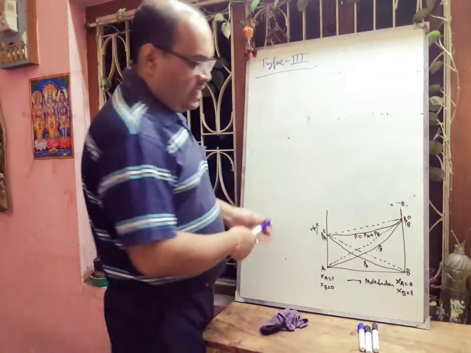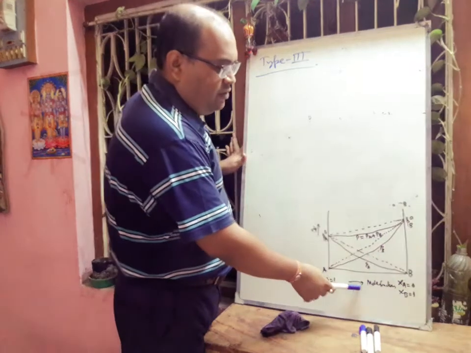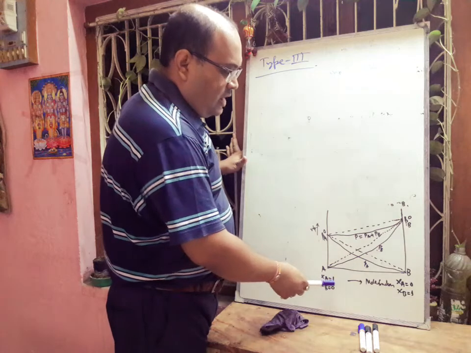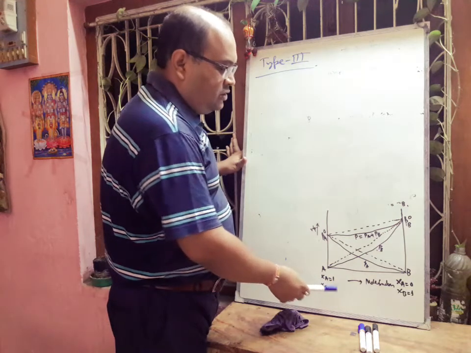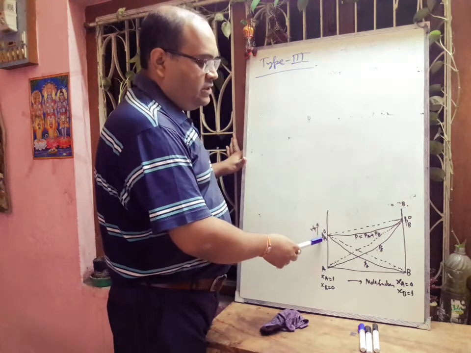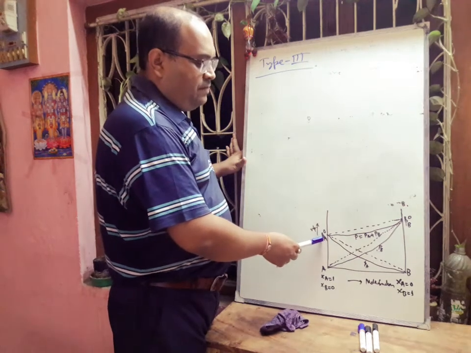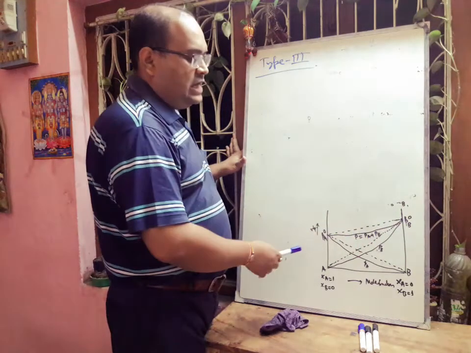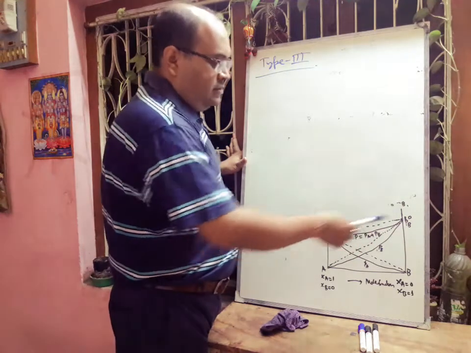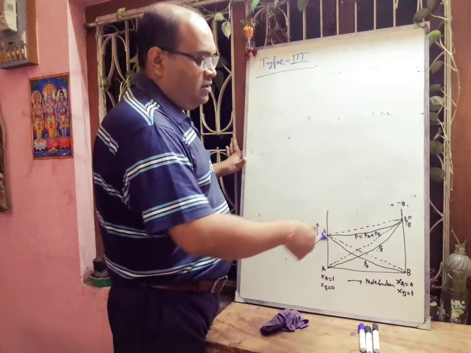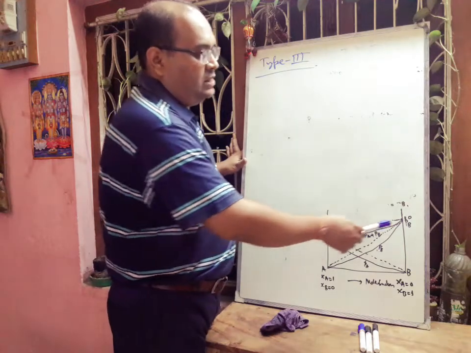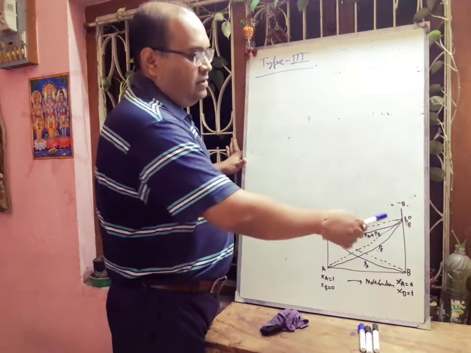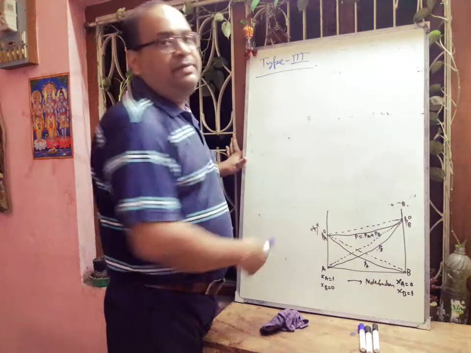This graph is shown here. Here this one is the mole fraction and this one is XA equal to 1, that means XB is equal to 0. So this is PA0, the vapor pressure of pure liquid A, and this one is PB0. This dotted line indicates the vapor pressure of the ideal solution, but the curved thick line is indicating the negative deviation.